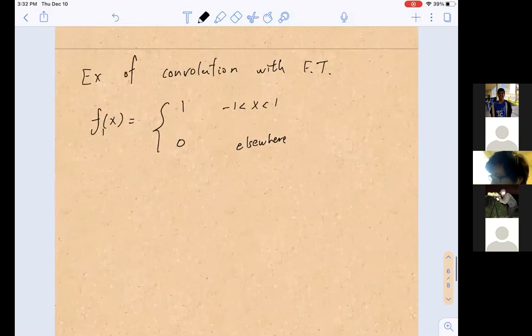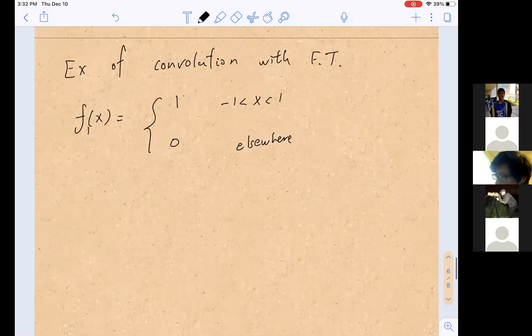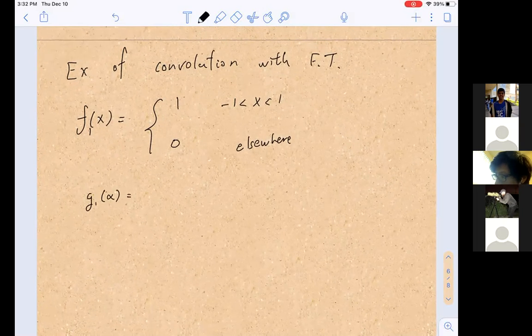And then what is the Fourier transform of this? I think it's some constant times sine alpha over alpha.